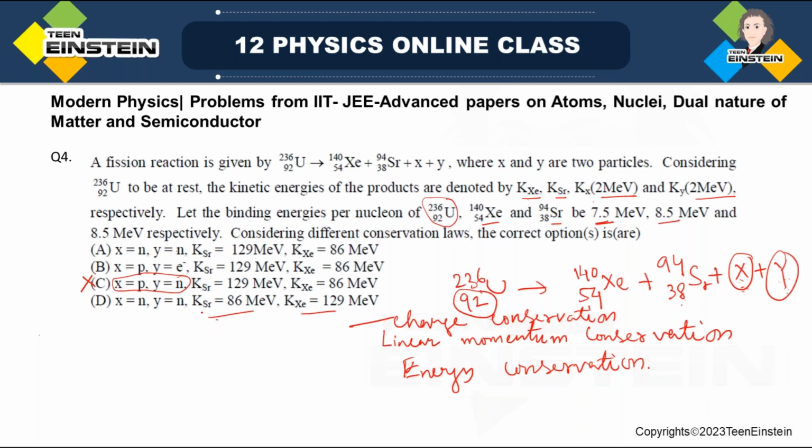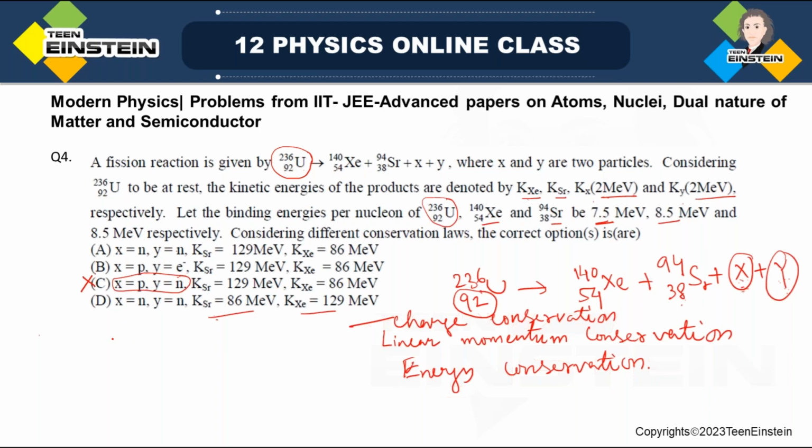Now we will go with momentum conservation. Look at the kinetic energy of these two. This X and Y have the same kinetic energy, right? And initially the uranium was at rest.